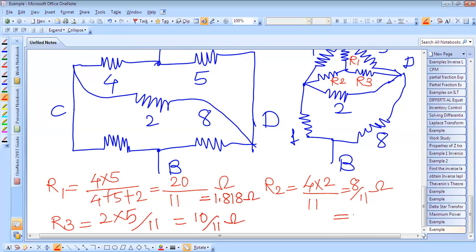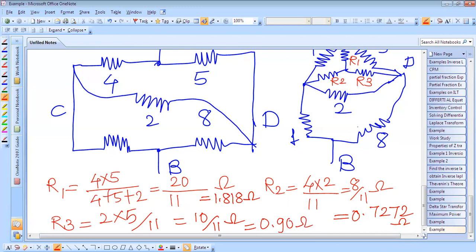This is R2 is equal to 8 by 11. We get here 0.7272 ohm. And this R3 is equal to, we get here 0.90.